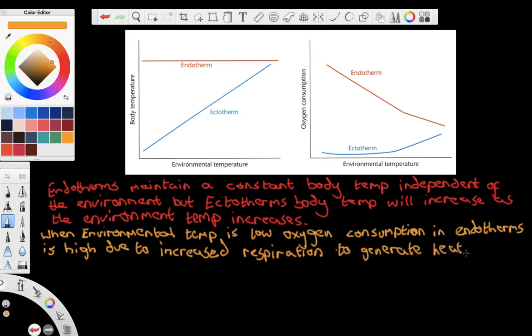So when it's cold in the environment, your cells do more respiration to generate more heat to keep your body temperature at 37 degrees Celsius. But when it's warmer, there's no need for that.